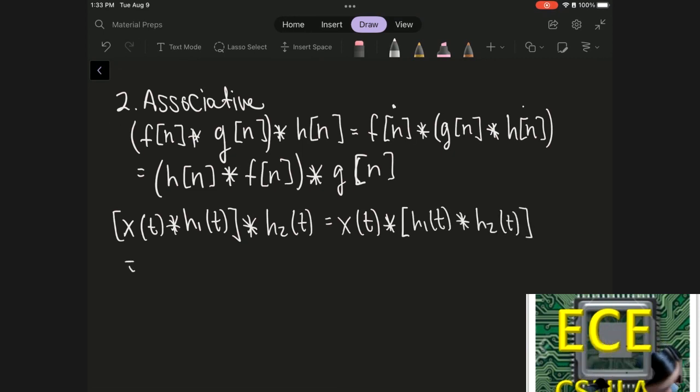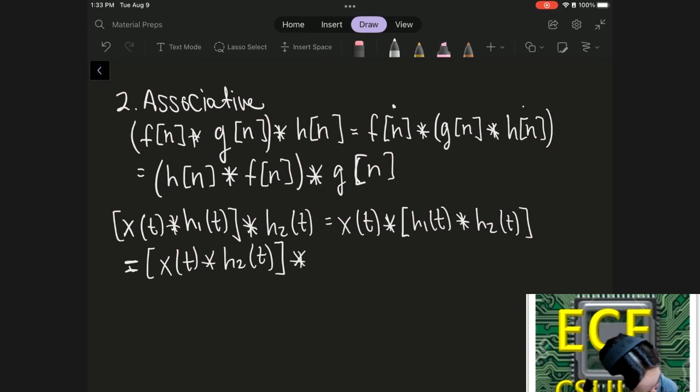Or I could do x of t convoluted with h2 of t, and then convoluted that with h1 of t. So it doesn't matter which 2 you do first, they'll still all be the same.